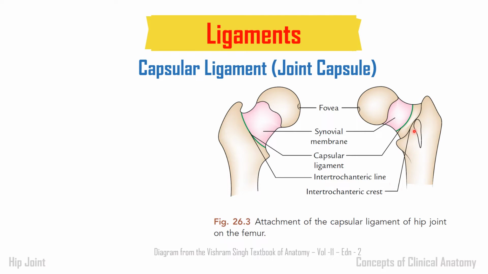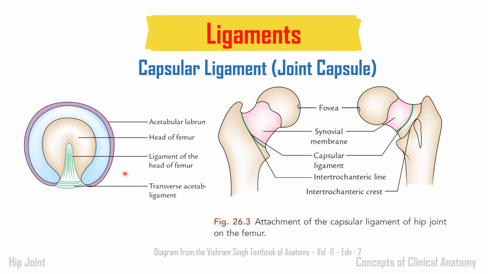In the posterior aspect, it attaches 1 centimeter medial, in front of the intertrochanteric crest. Close to the acetabulum, it is attached around 5 millimeters away from the margin of the acetabulum, just outside the attachment of the acetabular labrum and the transverse acetabular ligament.